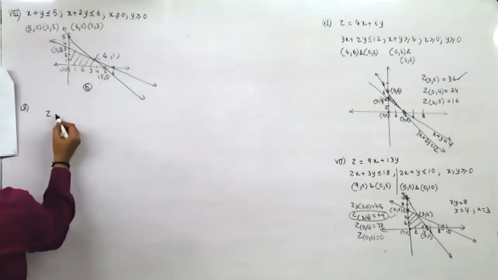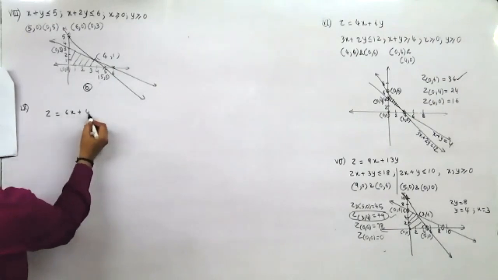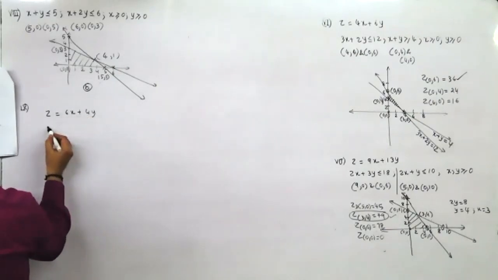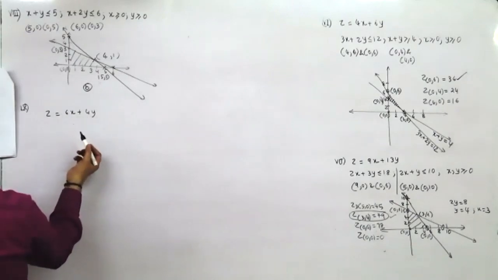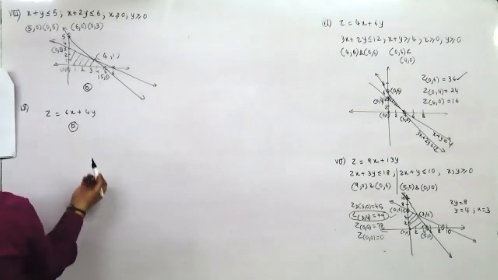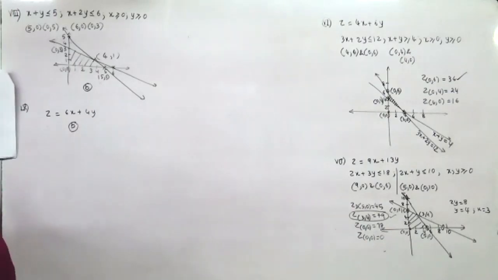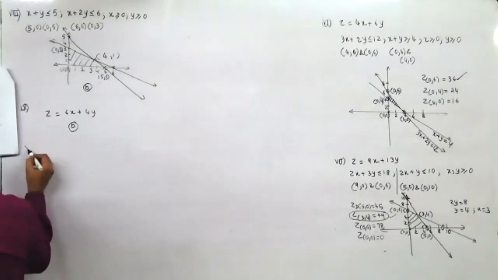Now Z is 6x plus 4y, I guess. And they have said it is 48. So it should be 6 into 8 itself. 8 means it should have been B, where it is maximum. Because if I take 72 by 5 and 120 by 5, that would be 18. Is it correct? Yes, sir.